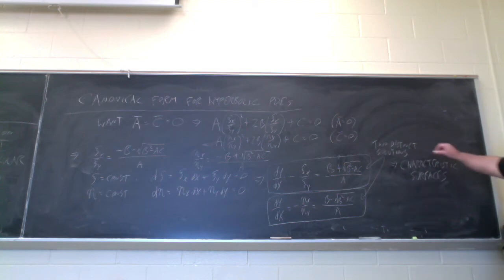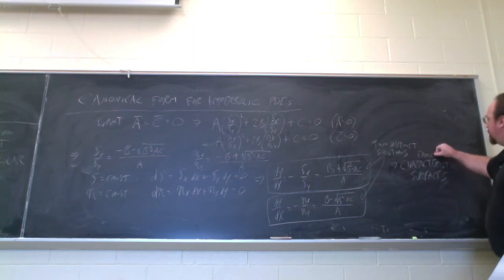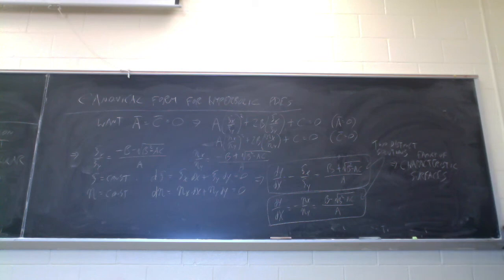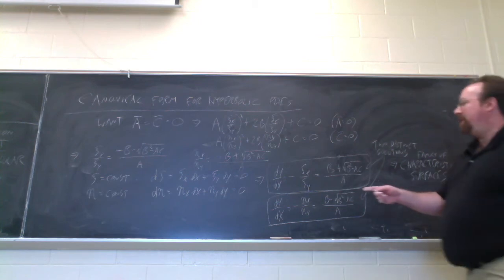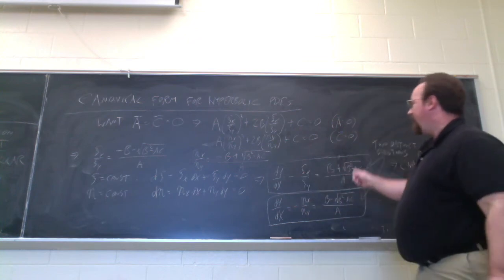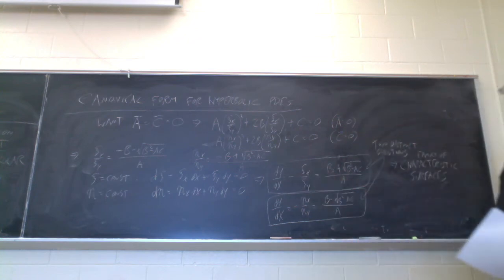I should say family of, just because you're able to solve for infinitely many xi's and infinitely many etas. Here we're assuming that xi is constant to get this equation and eta is constant to get this equation, but they can be any constant. Okay.